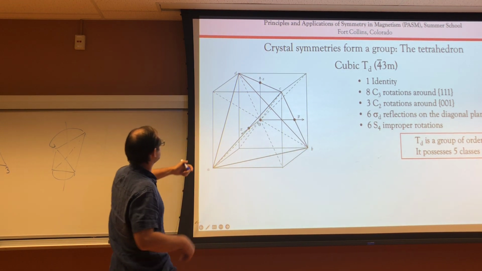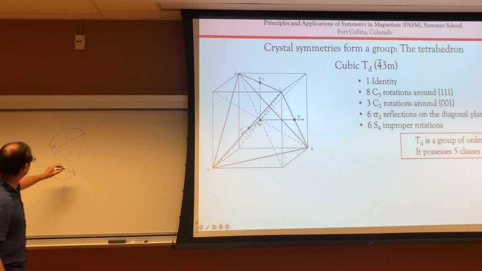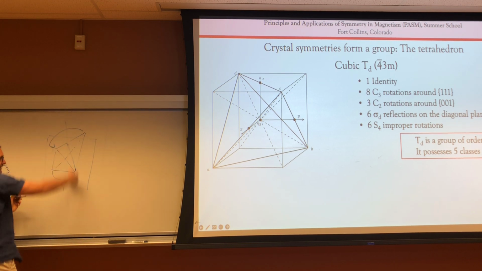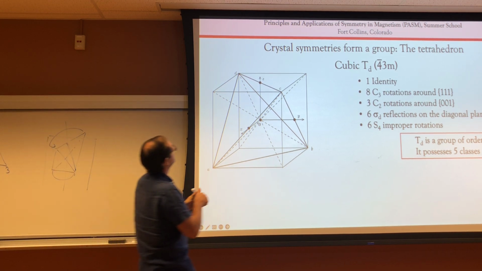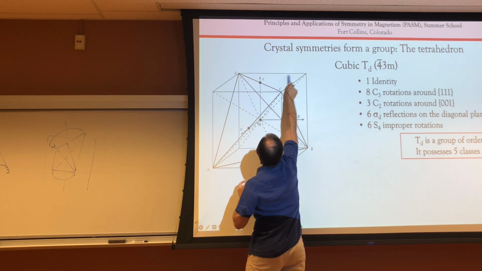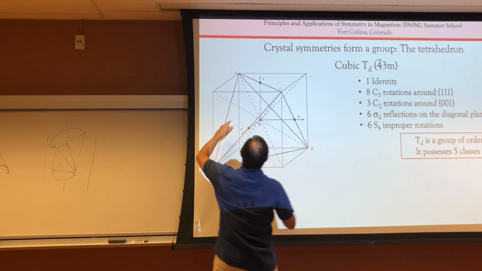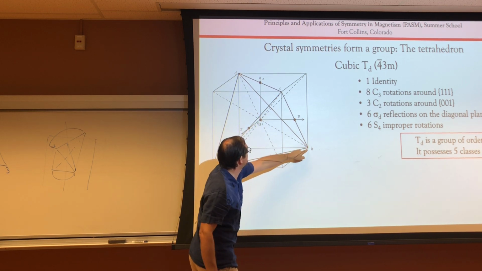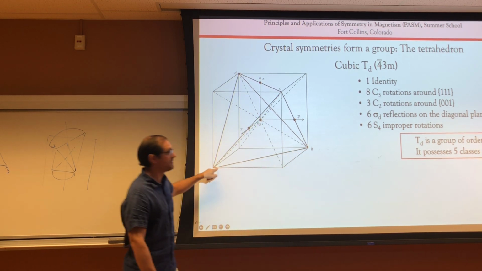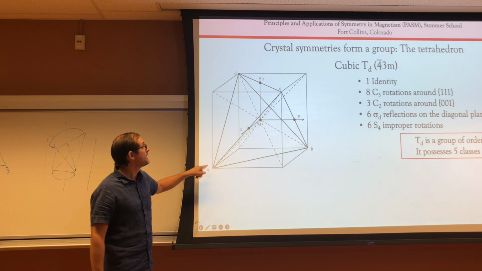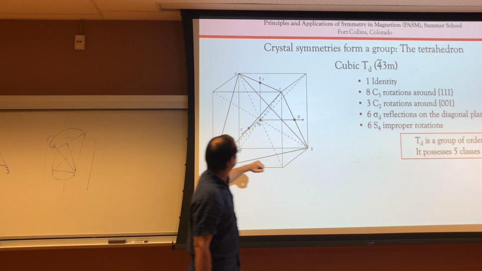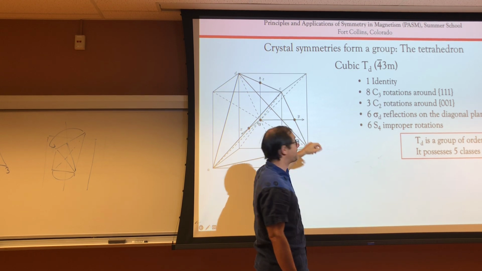If I cut here, for example, take a plane and cut through the middle, that would be this axis here. Then I have a reflection between this point and this point. These points are in the mirror plane. And again, I have 6 of them, because I have 6 faces.